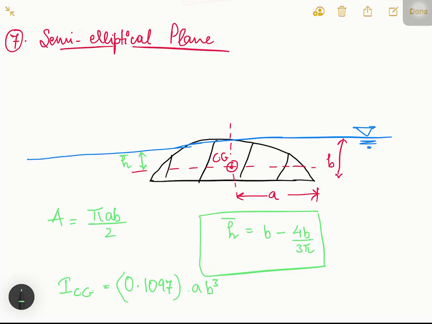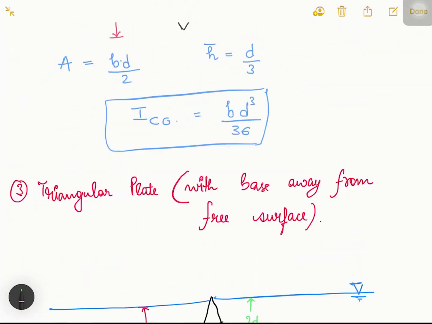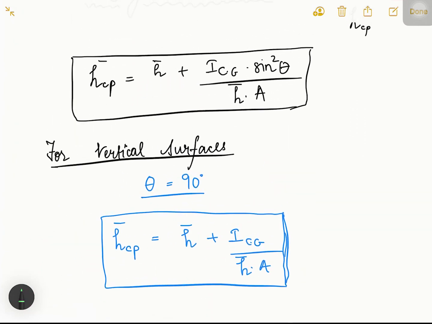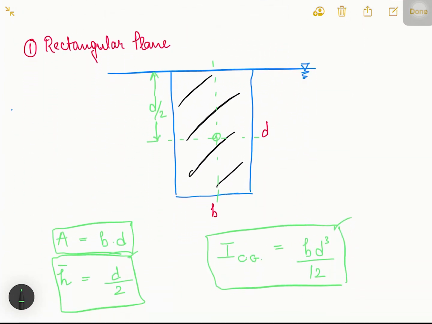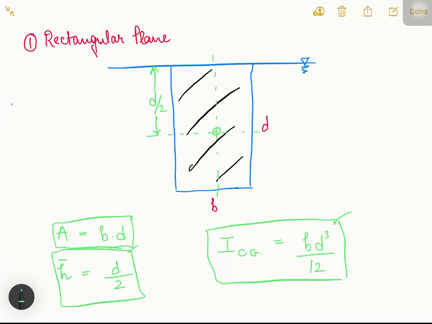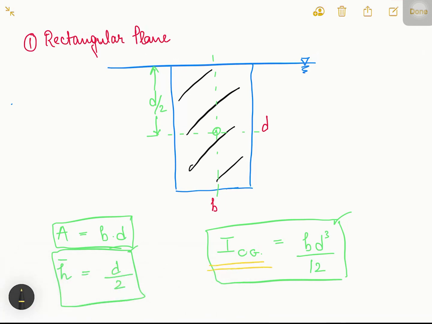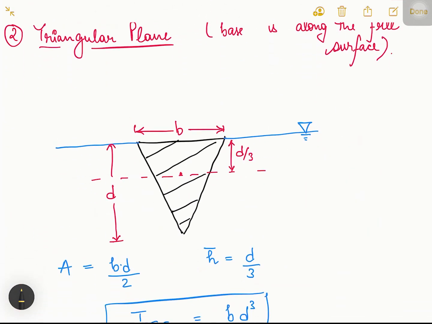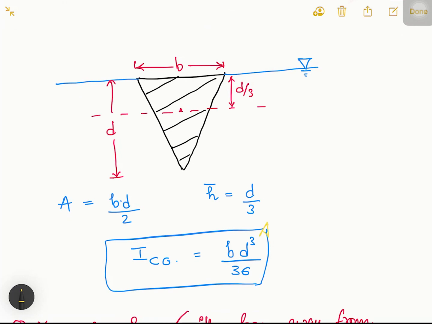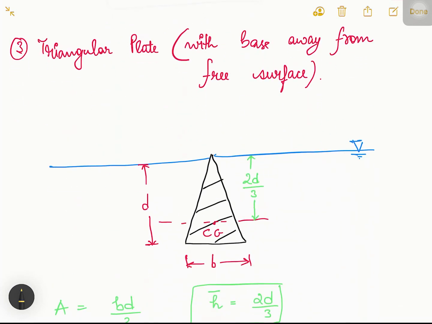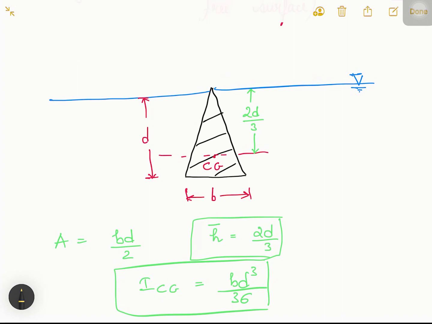Okay, so I hope you have drawn and written all of these things. So that's all for this lecture. A quick revision and recap on today's session. We discussed various vertical planes and the various values that are associated, and most importantly we need to remember these three values. Next we discussed the triangular plane and its values, then the triangular plate with base away from the free surface, and these were the values obtained.